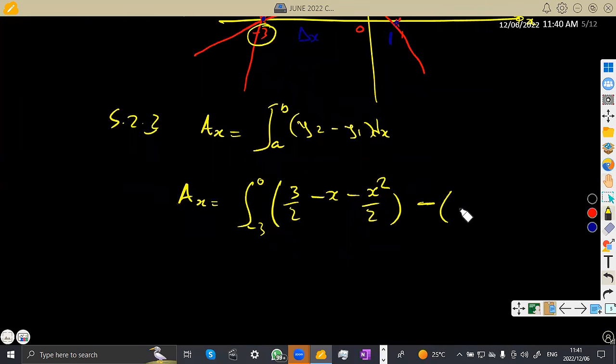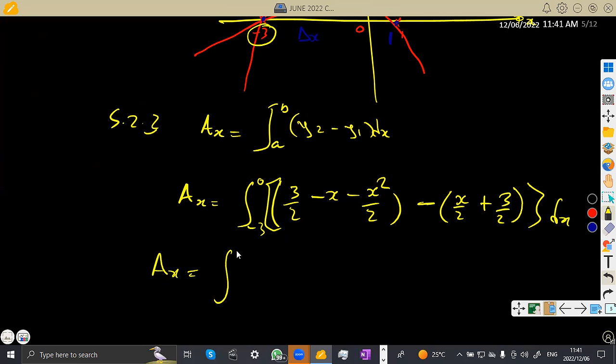So that is what you're going to subtract here, x over 2 plus 3 over 2. All right. So by subtracting this, we will end up integrating everything with respect to x, which can give us the area. All right, so let's start by simplifying first before integrating.